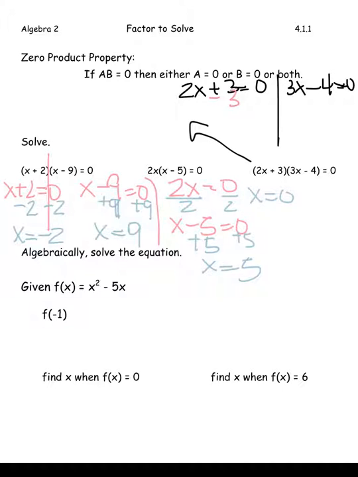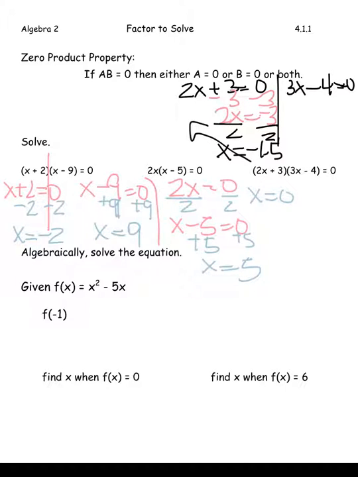So minus 3, 2x equals negative 3. Divide by 2. X equals negative 1.5.